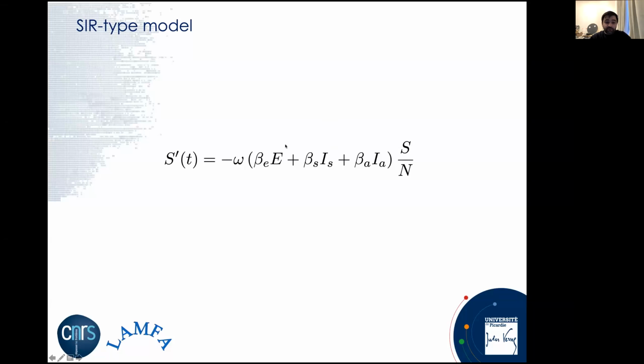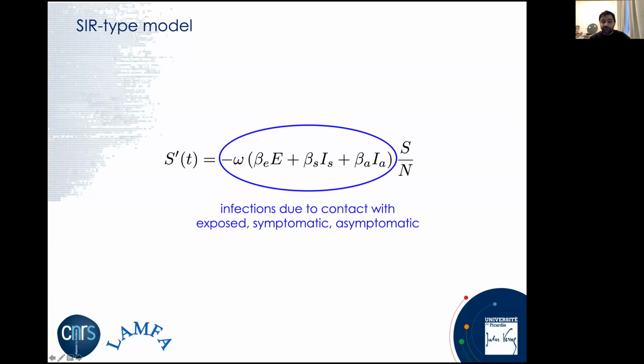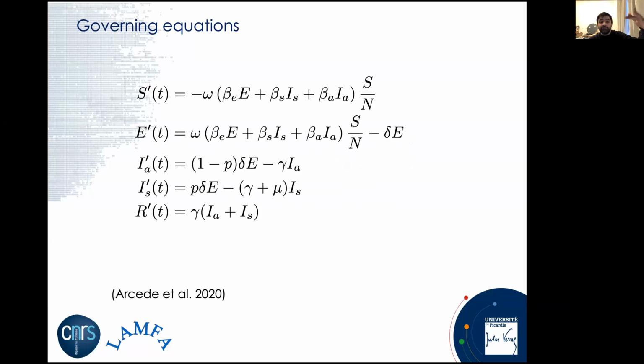Exactly as it was done 100 years ago, we say that the variation of susceptibles is due to infection when you are in contact with exposed, symptomatic, and asymptomatic individuals. Then you can build your system: the infected susceptibles come into the latency.